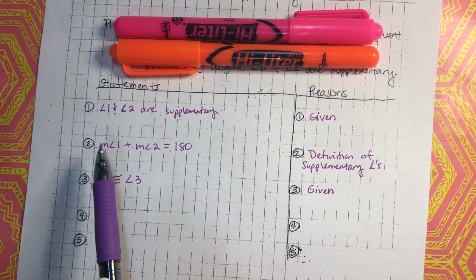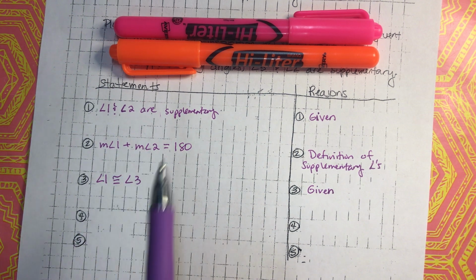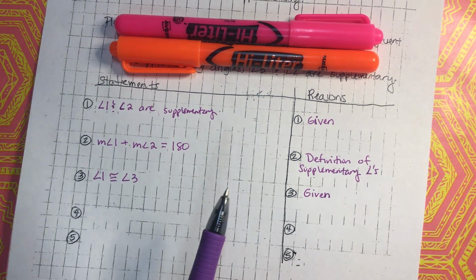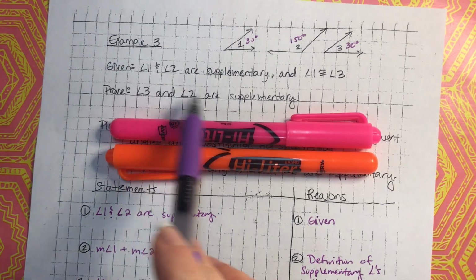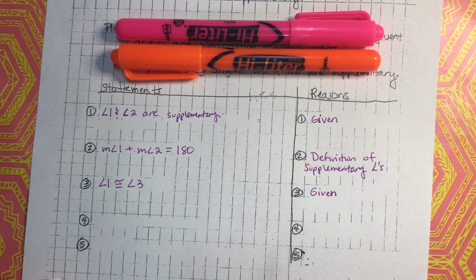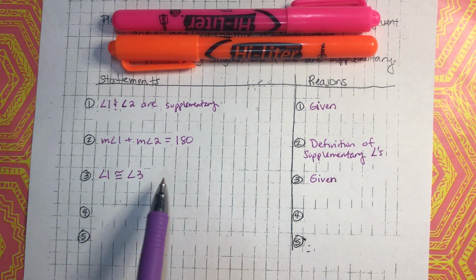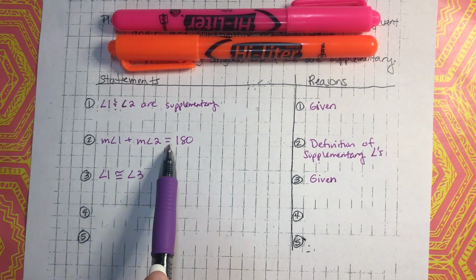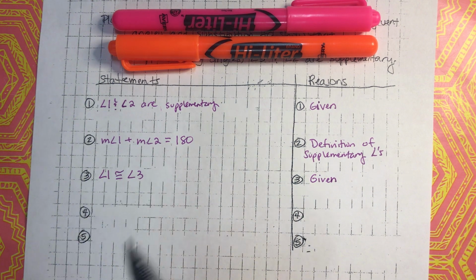Then that would show that angle 3 plus angle 2 is equal to 180, and I'd be super close to showing that angle 3 and angle 2 are supplementary. However, we have a formatting issue because this is congruence and this is dealing with equals. But I know how to change this.